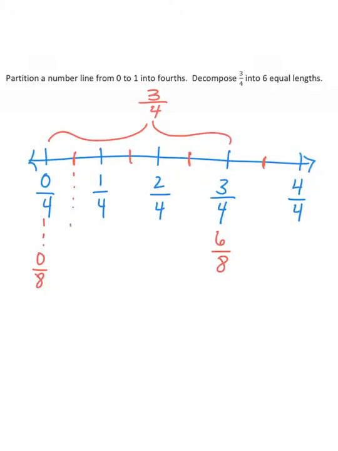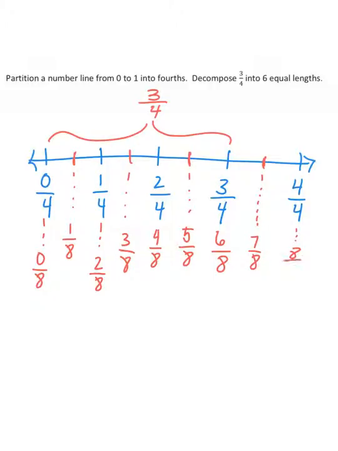This becomes 1/8. This one becomes 2/8, this one 3/8, this one 4/8, and 5/8. And then we know 3/4 is 6/8. And then we have this one, which is 7/8. And remember, 4/4 is a whole, but we can also say 8/8 is a whole too.